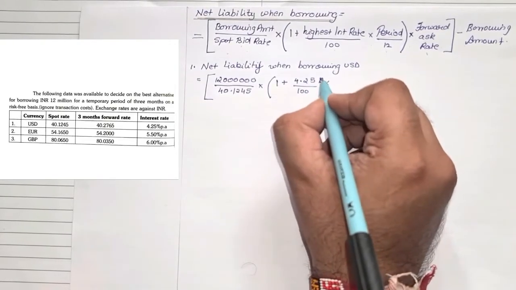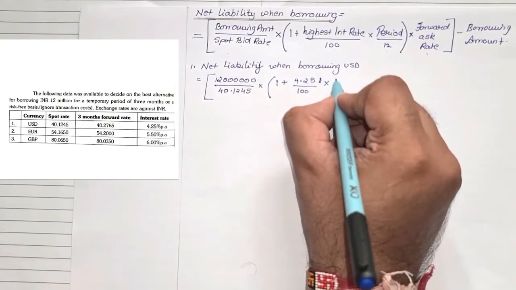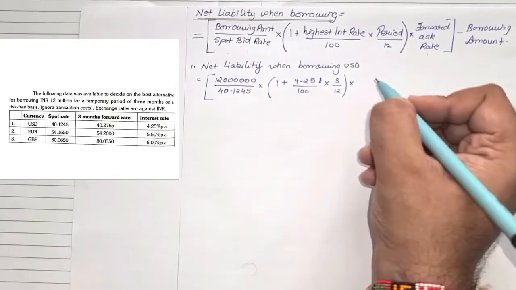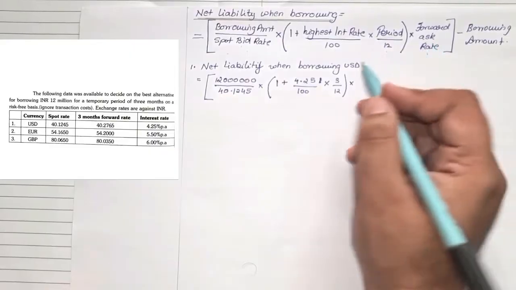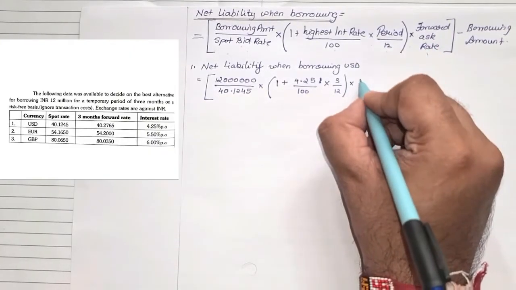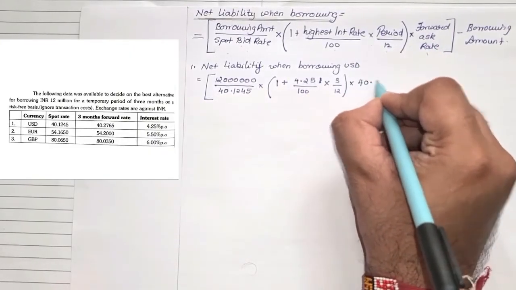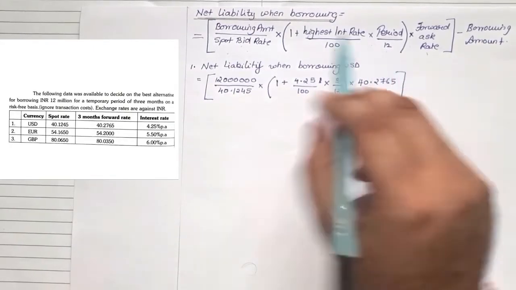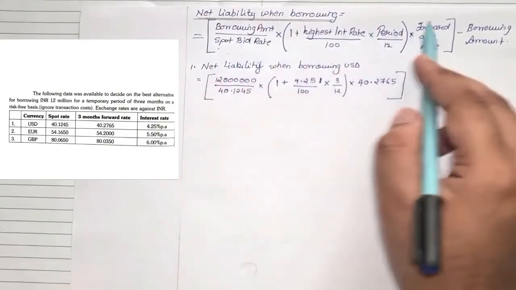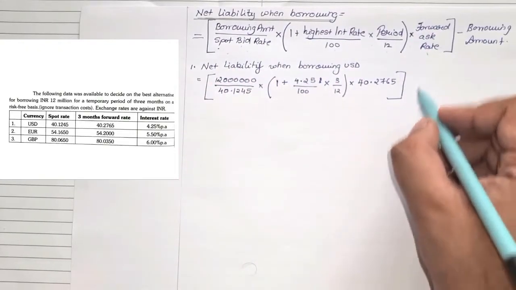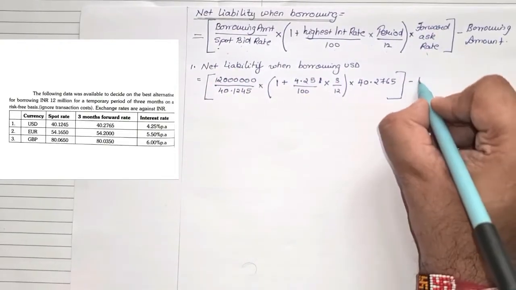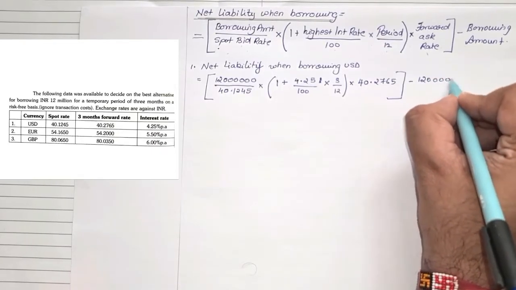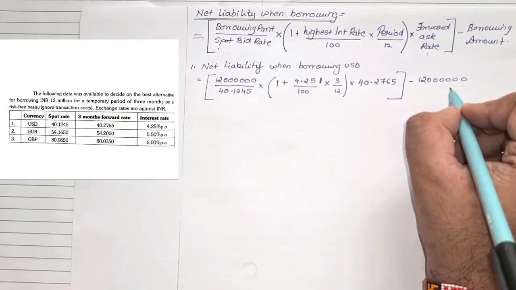Now the period which they have given you is 3 months, so 3 upon 12, into forward ask rate. Here they are only giving you one forward rate, so we'll take it as it is, 40.2765. So this is the first type of sum where the direct forward and direct spot rate are given to us, minus the borrowing amount, which is again 1 crore 20 lakhs, that's 12 million.